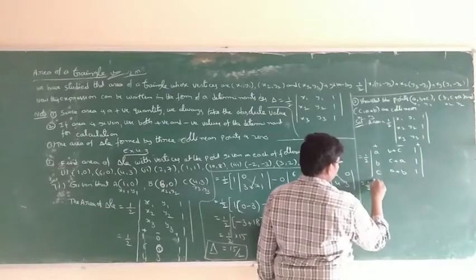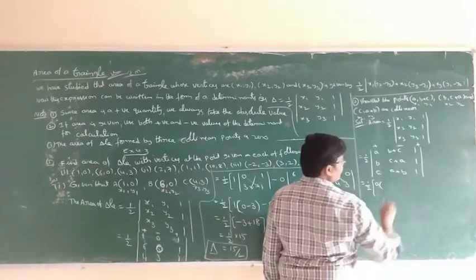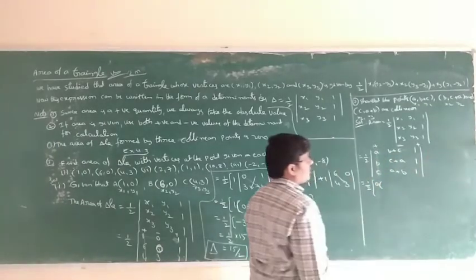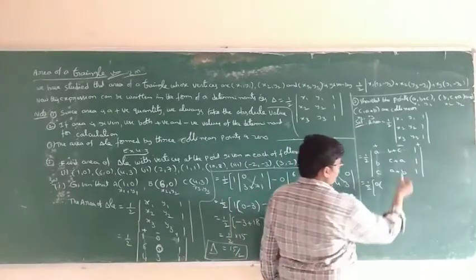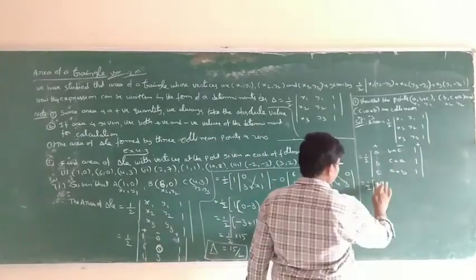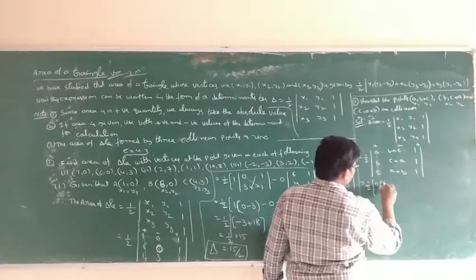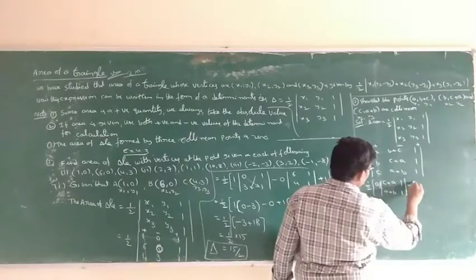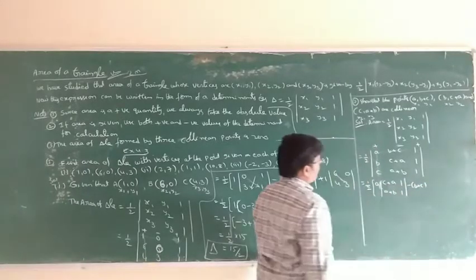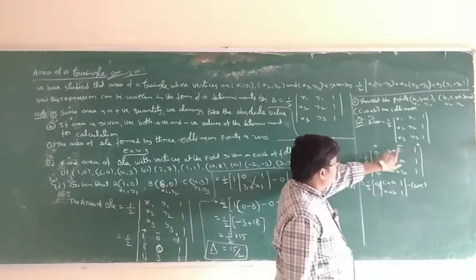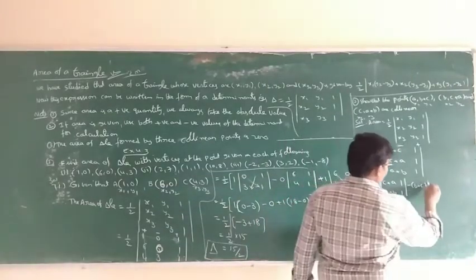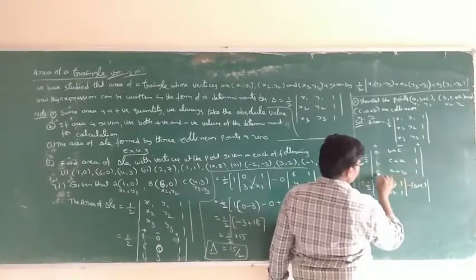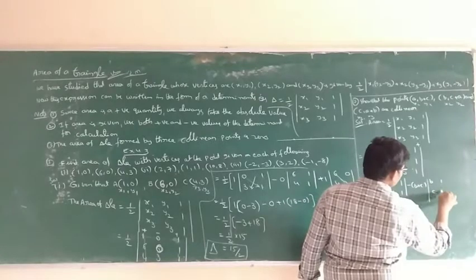So that is equal to 1 by 2 into A into, the corresponding column and corresponding row deleted, C plus A 1, A plus B 1. Minus of B plus C into, the corresponding row and column deleted, B 1, C 1.